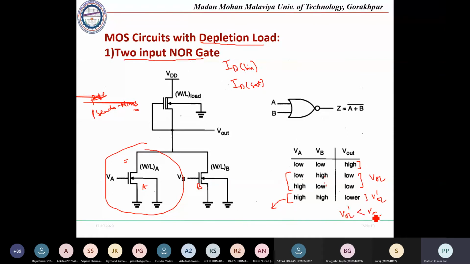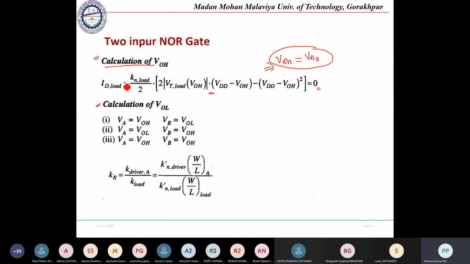So if VA is high and the other is low, the VOL value will be the output. In the third case, VOH is applied on both inputs, both are high. In this case, the VOL dash value will be obtained. Whatever analysis we do, we are going to calculate the VOL value.